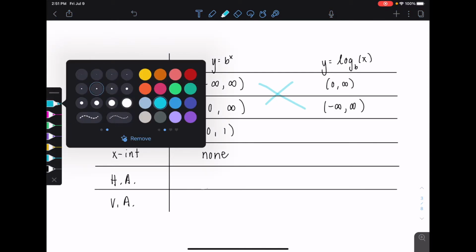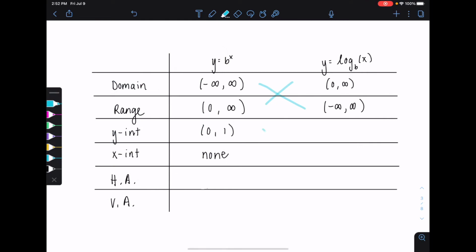Now again, x and y switch, so these are closely related, but they're not exactly the same. Now though, I do have no y-intercept, and this point really kind of comes down here, but remember x and y switch, so we're going to flip that coordinate pair. My x-intercept for the logarithmic function is (1, 0).